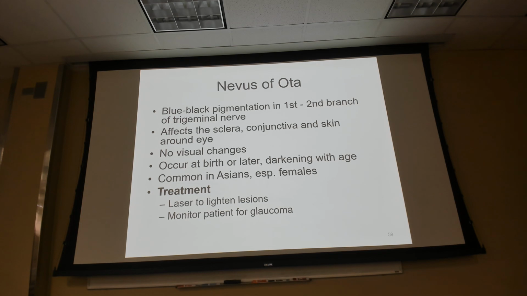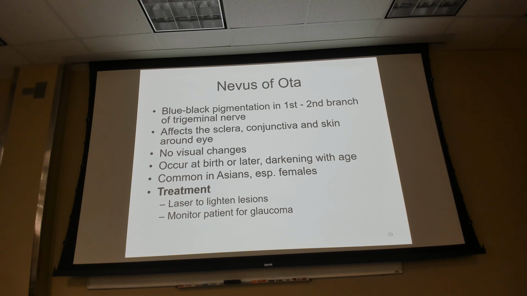Nevus of Ota, okay? This is located on the first and second branch of the trigeminal nerve, right? So we're going 1, 2. So it's over the eye or it's under the eye. Blue to black pigmentation there, okay? This can also affect some of the eye, right? So we could be having some conjunctiva, we can have some sclera abnormalities, just because of the fact that it's all around there.